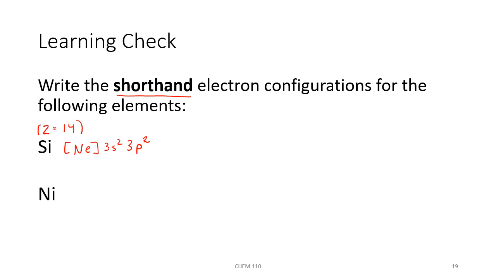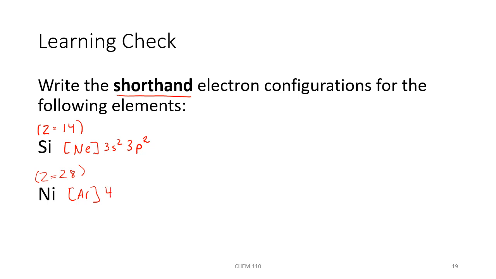And for nickel, our atomic number is Z equals 28, so 28 electrons to place total. But we're going to use our noble gas method. So the noble gas before nickel, if we go back, is argon. So we write argon in brackets. And then after argon, we come to potassium, and that's in the 4s.